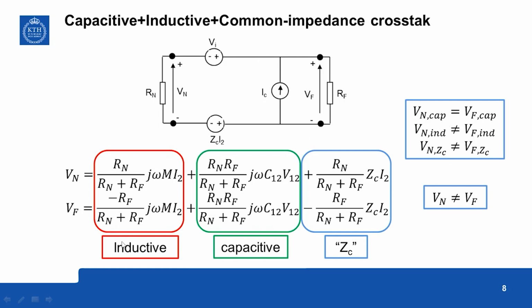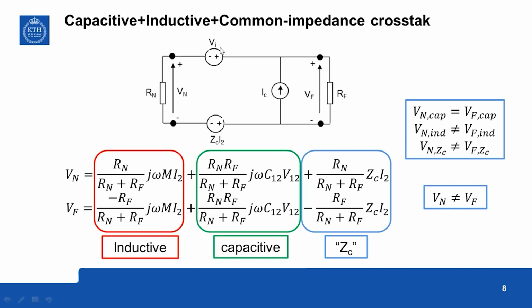So if you write the equation, here this is taken as positive polarity. So this is due to this term. Sorry, this is Rf. So this is this term, because Vi is equal to minus j omega I2. So this minus is coming from that one.